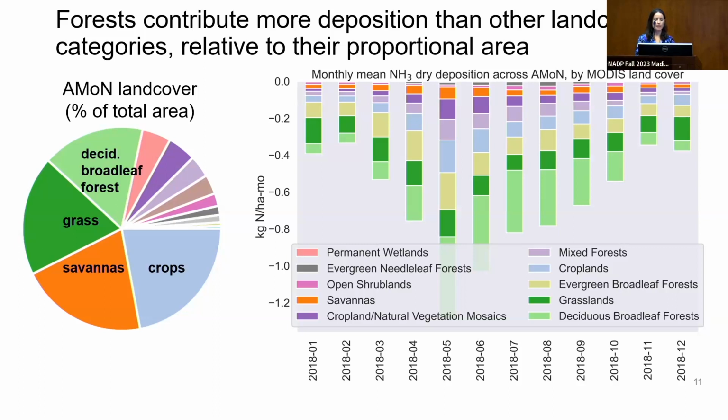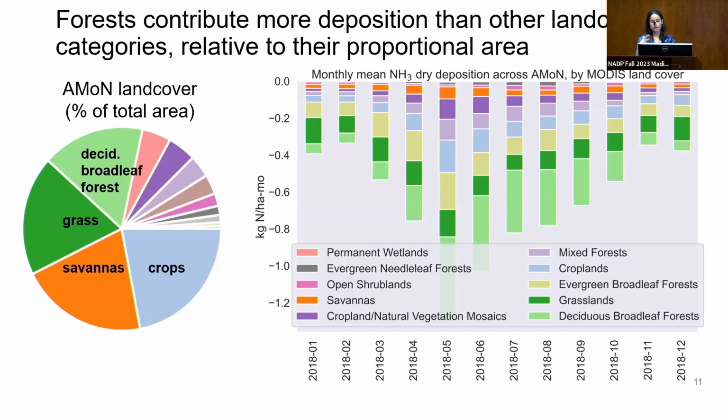Really, I think the main takeaway we can see in the land cover distribution is that while deciduous broadleaf forest jumps out as one of the main categories, it's a much smaller contributor to land cover by area in comparison to shorter categories like crops, savannas, and grasses.